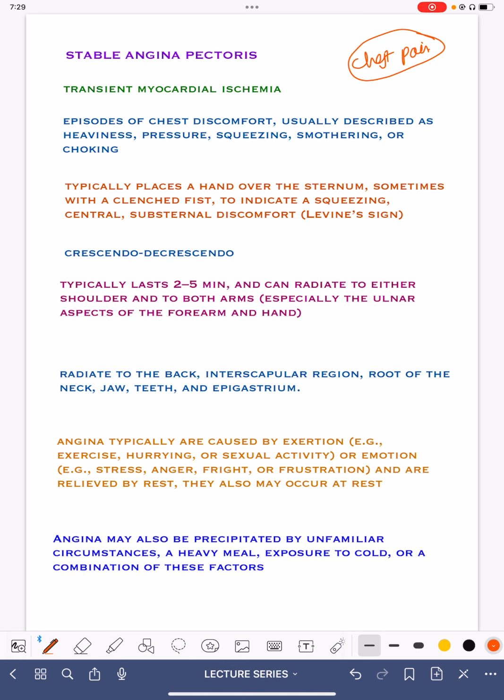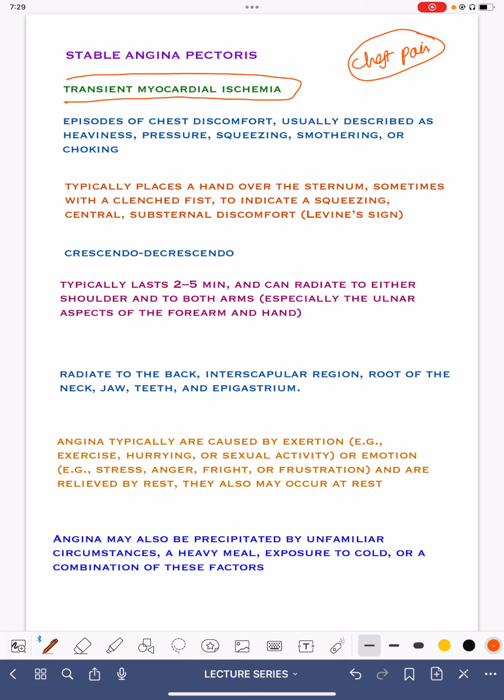It can be muscle-related pain, bone-related pain, lung-related pain, pleural-related pain. So it can be anything else, but the most feared is chest pain because of heart attack or heart-related pain. So why does the patient have this chest pain?